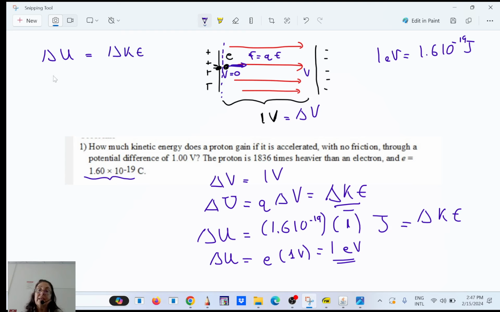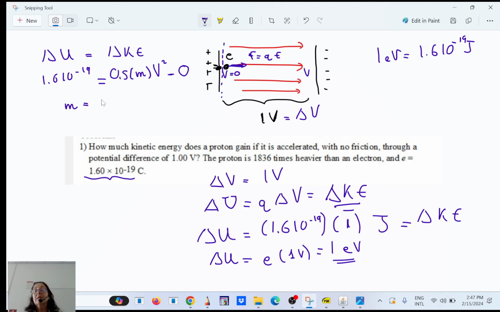So 1.6 times 10 to the negative 19 equals 0.5, the mass of the proton, the final speed squared minus the initial kinetic energy, but that's 0. And from there, you can find the speed. Is that clear?